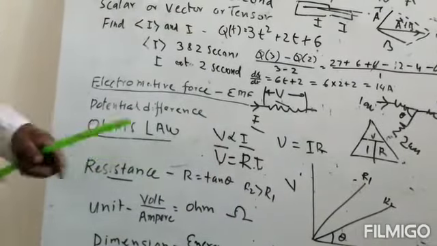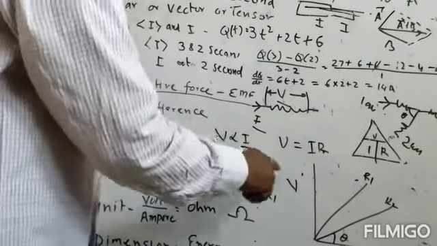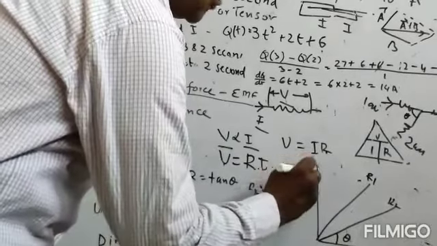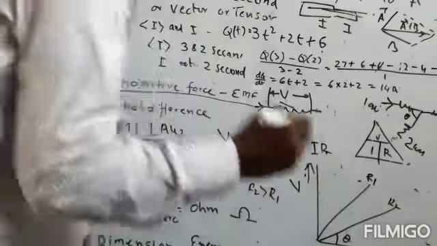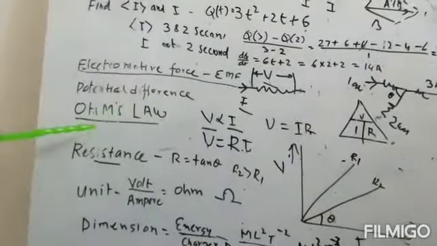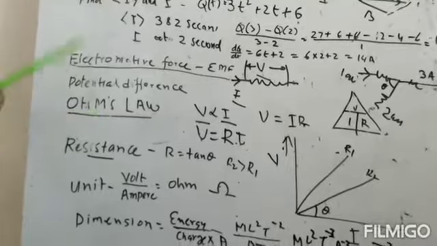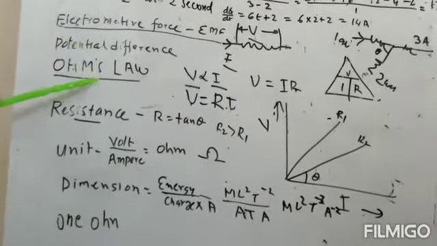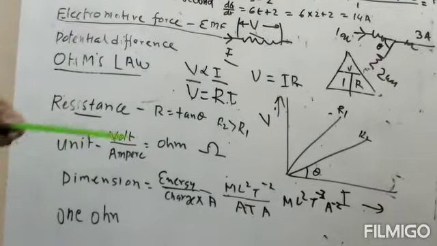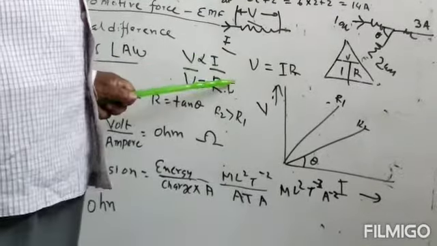Now if we draw a graph between the potential difference and current, on the y-axis we have voltage and on the x-axis we have current. For the conductor, if the physical conditions remain the same, then V is proportional to I. It means the relation between V and I is linear.